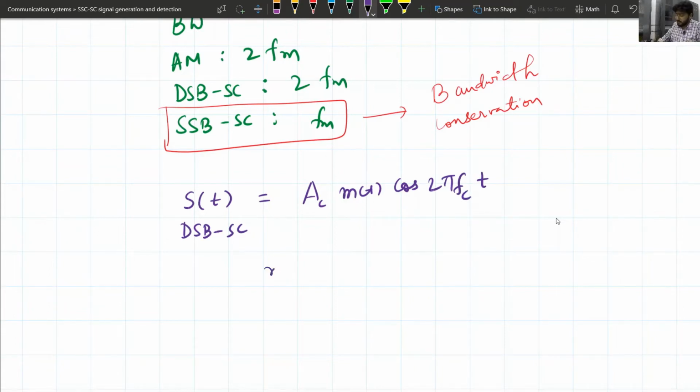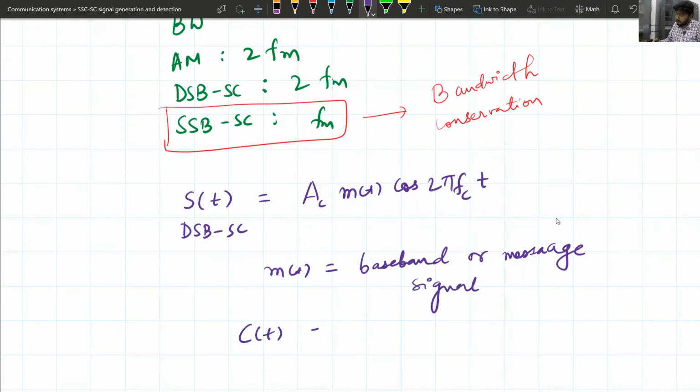M(t) is the baseband or low frequency message signal, and C(t) is the carrier signal used to generate the DSB-SC signal, which is given by AC into cos 2 pi FC into t, right?